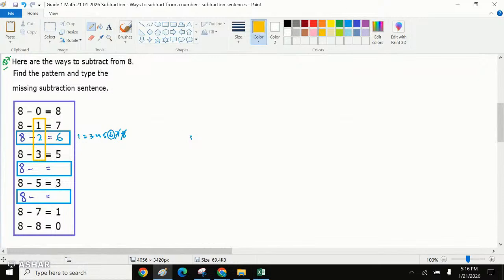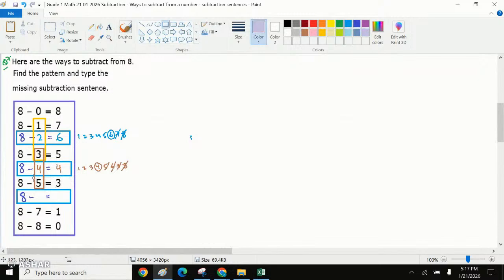For the next two possibilities, these two between 3 and 5, what should be the number between 3 and 5? It should be 4. So can I say if we write the numbers 1, 2, 3, 4, 5, 6, 7, and 8, if we remove the 4 numbers, we are left with a 4.